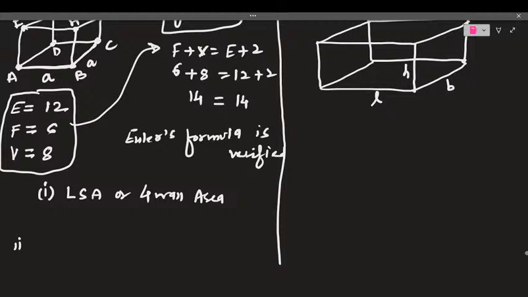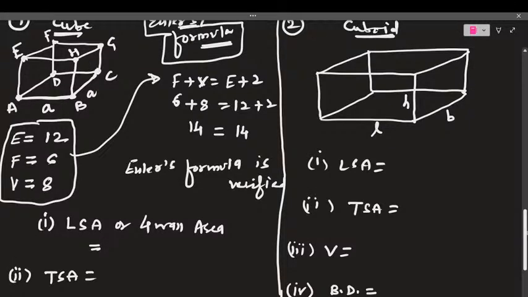What is its lateral surface area or four-wall area? What is its total surface area? What is its volume? What is its body diagonal? Let's quickly go through that. Lateral surface area or four-wall area is the area of four walls except your roof and your floor.